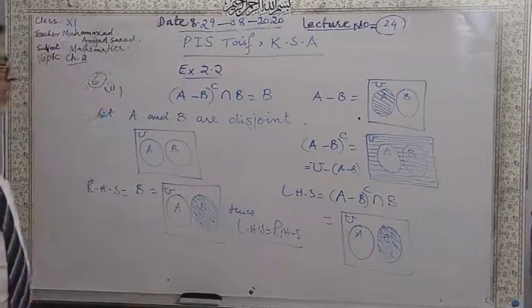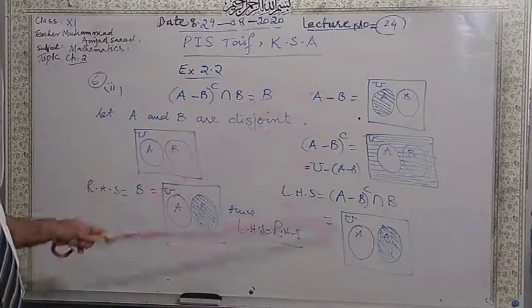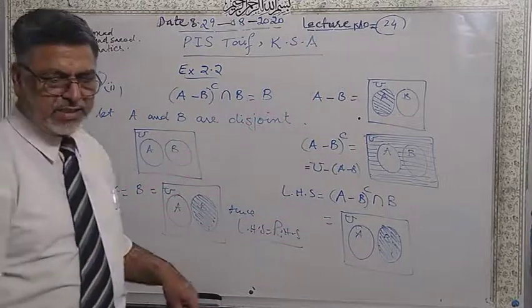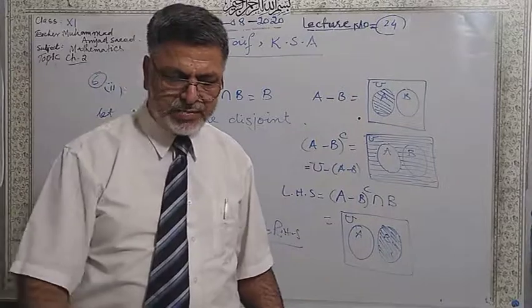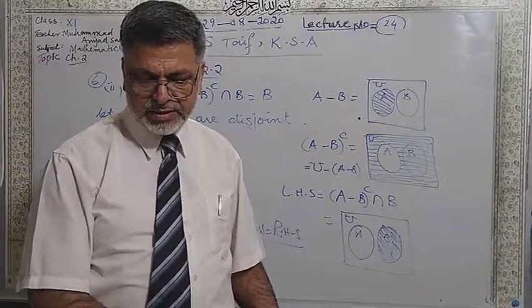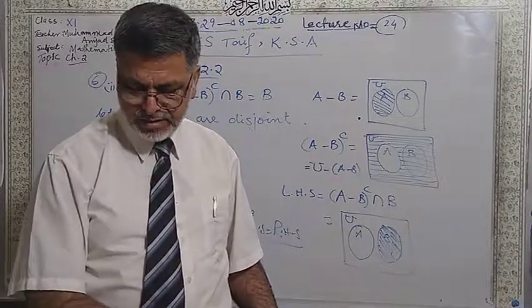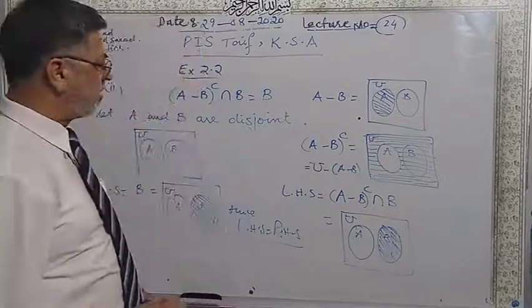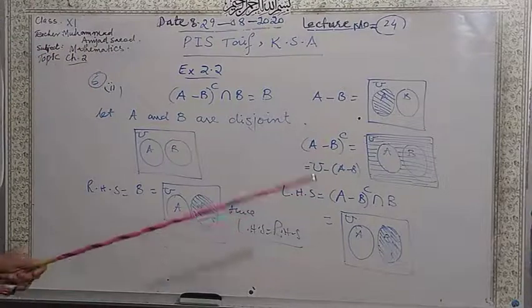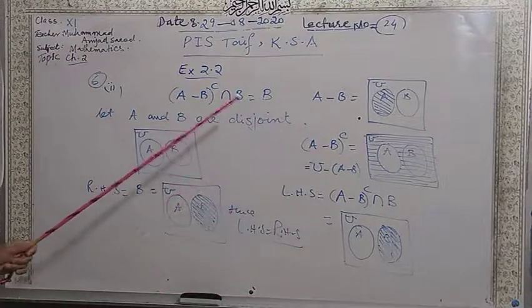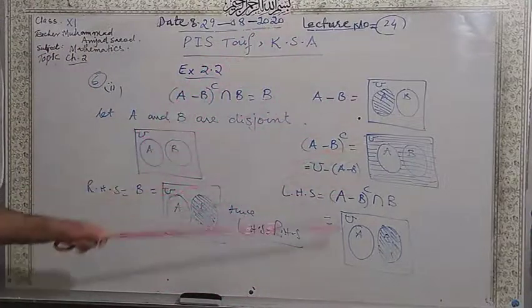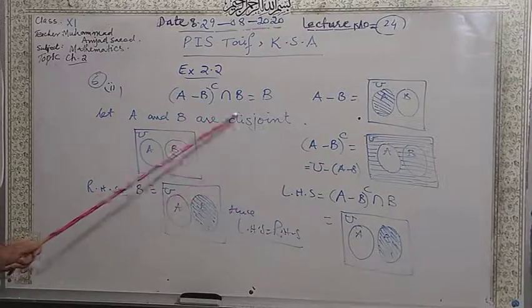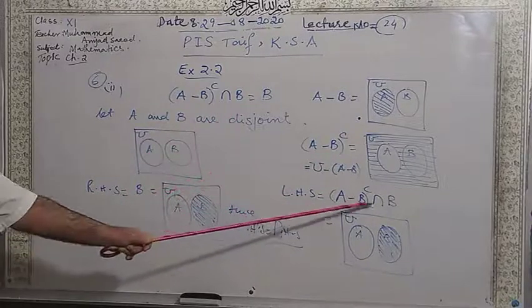I hope that you understood these part-wise steps. Sometimes these diagrams are not given in this way in your book, but I think this is very easy to understand. Move part-wise, step-wise, and then at the end you can join them.